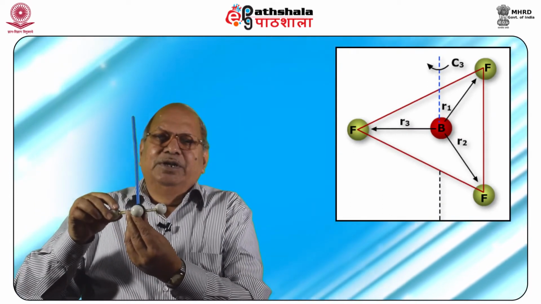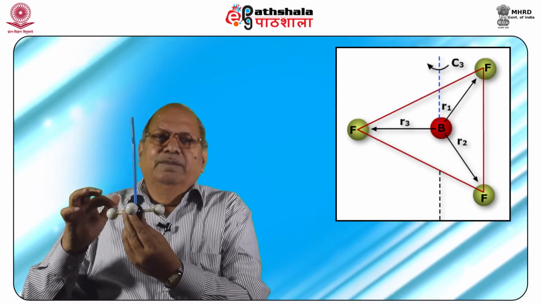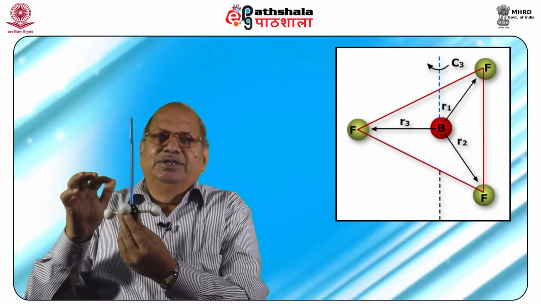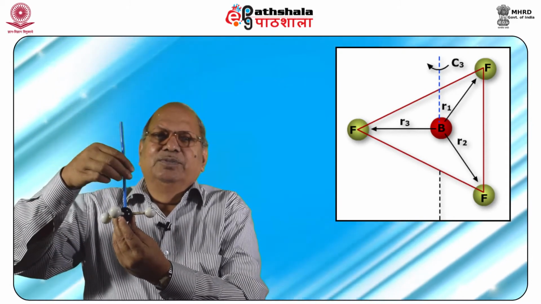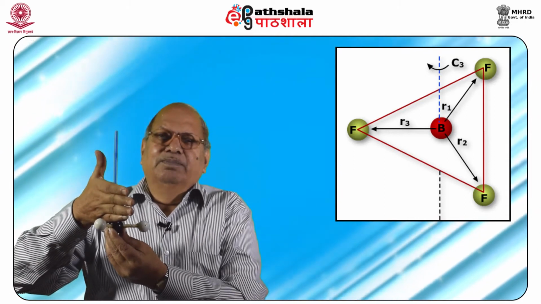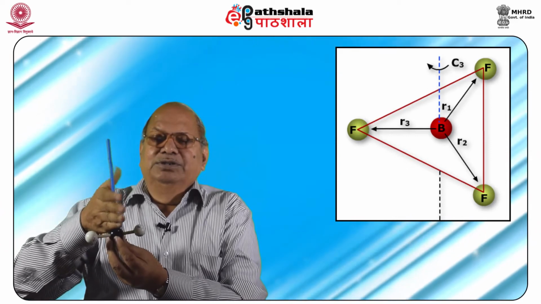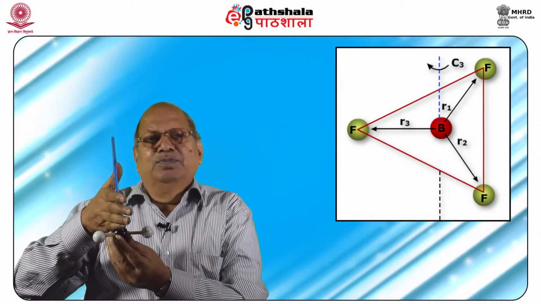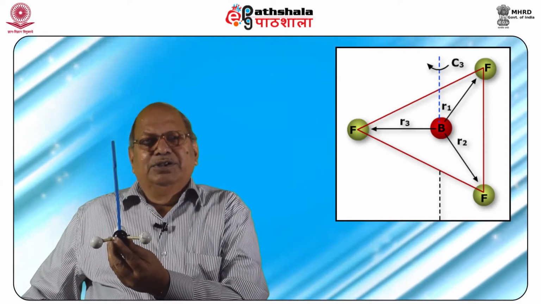This is my planar BF3 molecule: boron, fluorine, boron, fluorine, boron, fluorine. These I represent as R1, R2, R3, and this is my C3 axis, and this is my plane. There are three such planes, one along this, and another along this. I will take these bond vectors as the basis for representation.